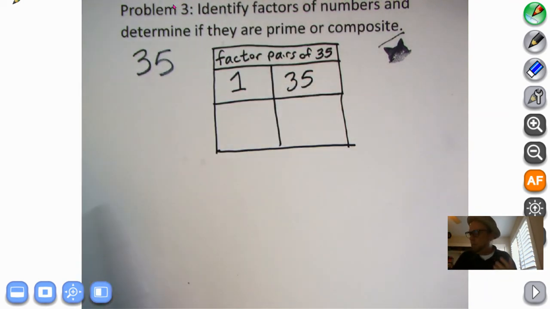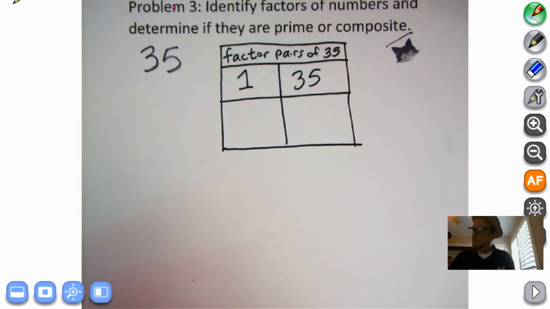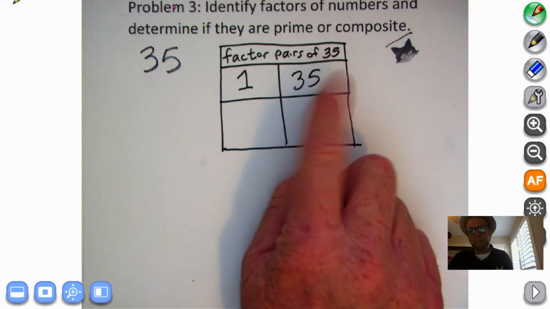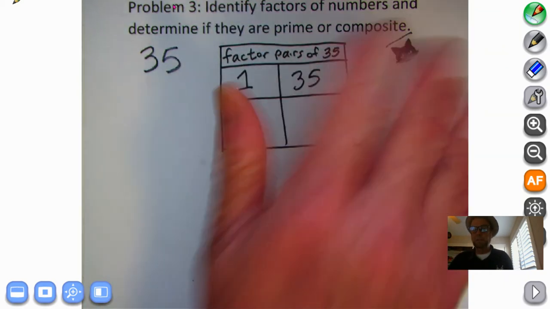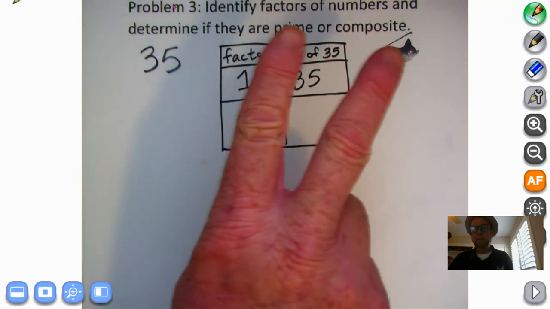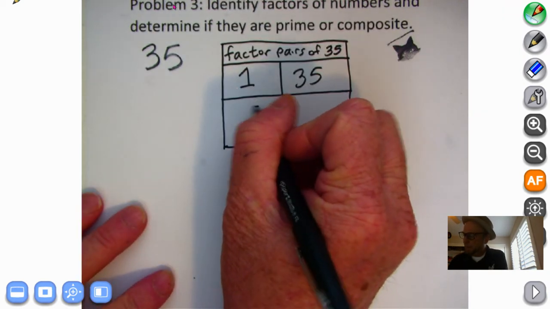You can scan. Well, you know from watching that video that 5 is going to be a factor of 35, right? 5, 10, 15, 20, 25, 30, 35. So 5 times what is 35? 5 times 7. So 5 and 7 are a factor pair.